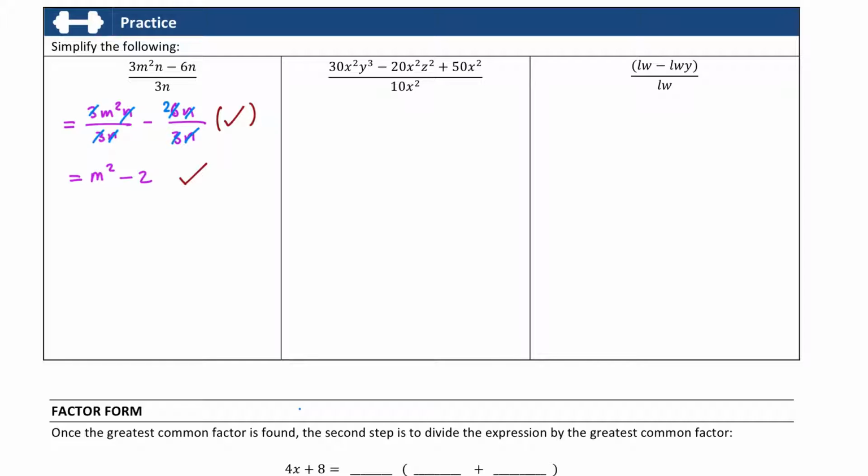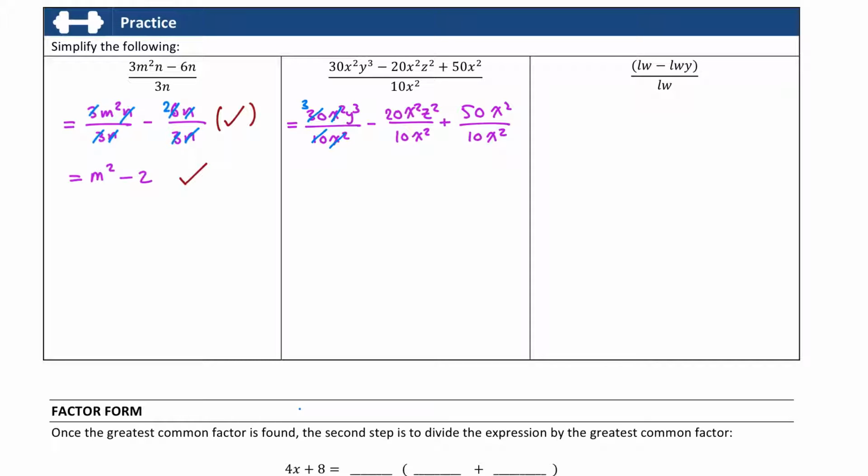For this question over here, I'm going to break it down. 3x squared y cubed over 10x squared minus 20x squared z squared over 10x squared plus 50x squared over 10x squared. I'm going to start simplifying. 30 divided by 10 is 3. x squared cancels out with x squared, making it 1.